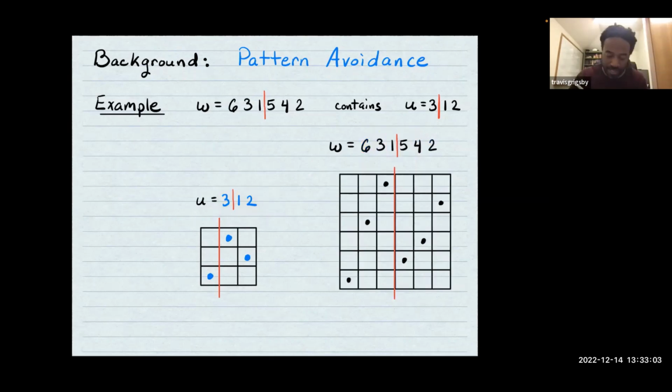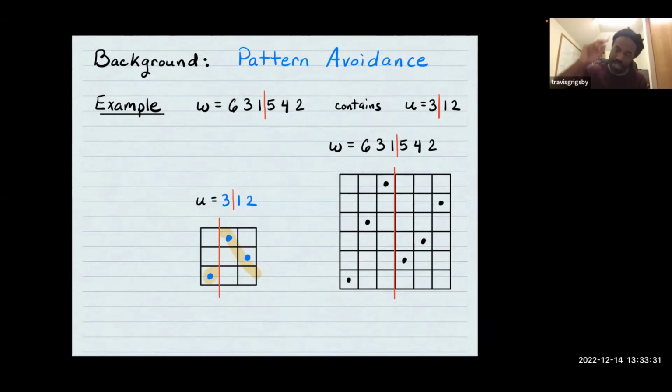But it's dependent on the location where you draw the division bar. I've drawn the division bar in the third location now for W, so it's technically a different split permutation. And you can see that, for example, I don't see the smallest dot and then descending down like this.